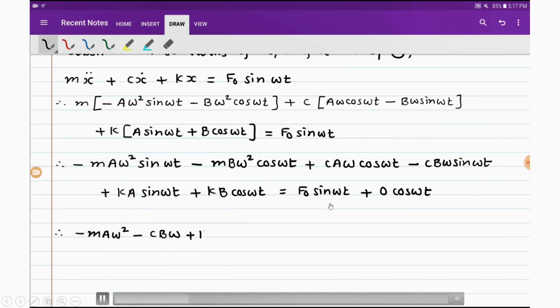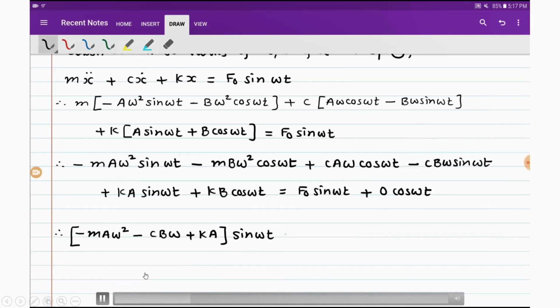Now we'll collect the terms which have sine omega t in them. So you can see this is minus m a omega square, here it is minus c b omega, and plus k a. From these three terms, we can take sine omega t common.